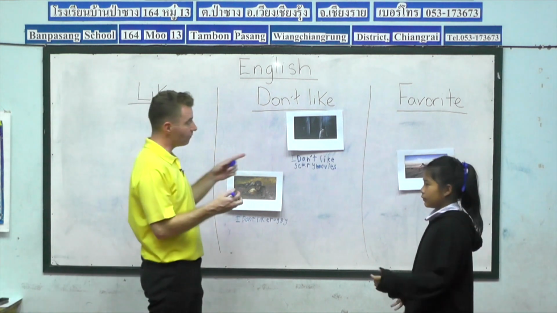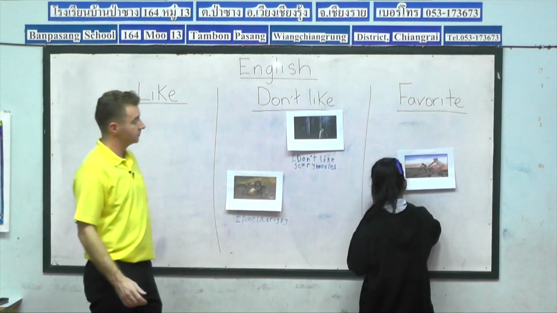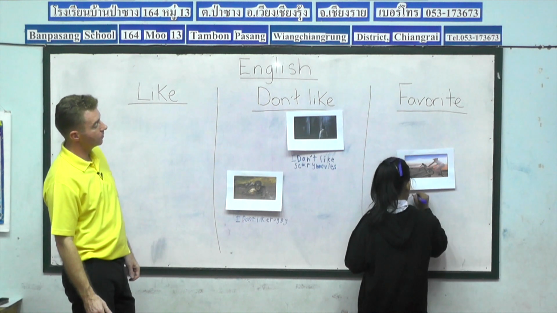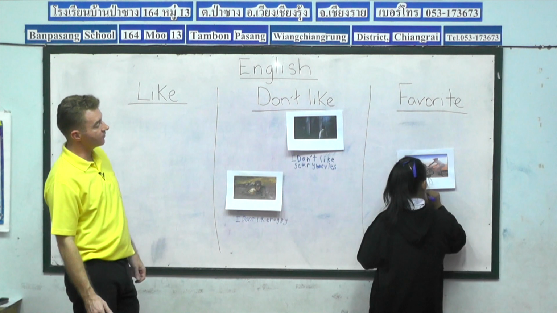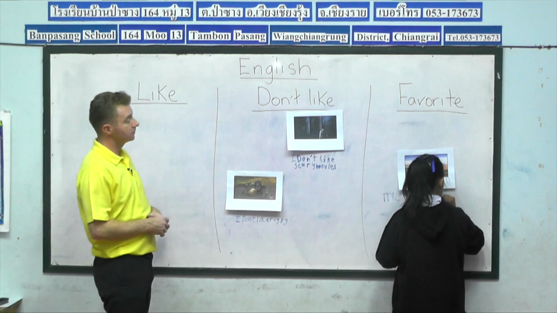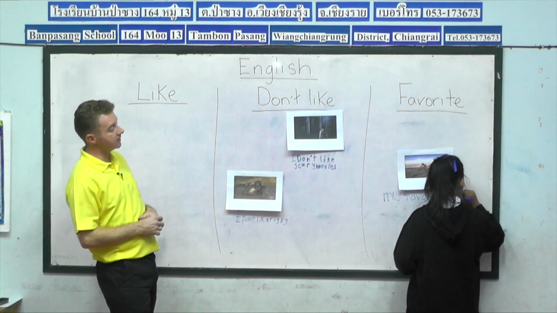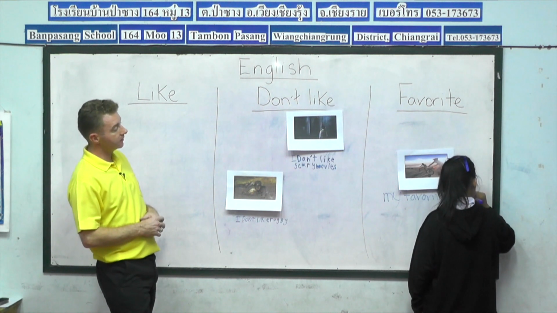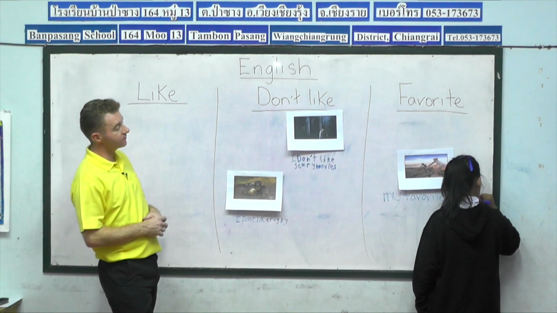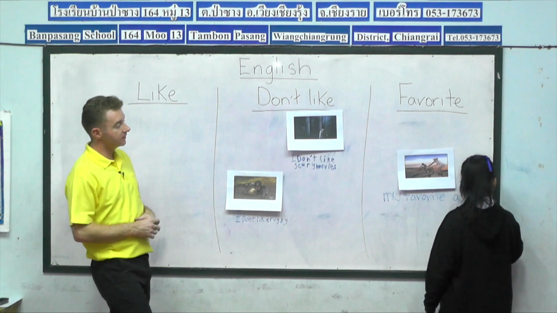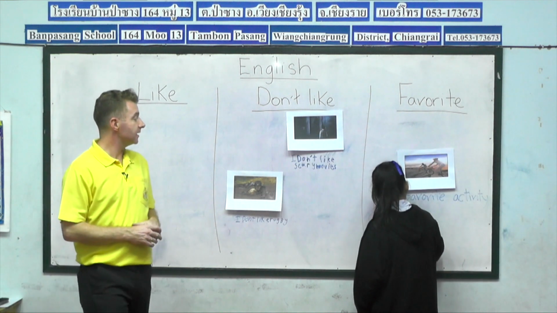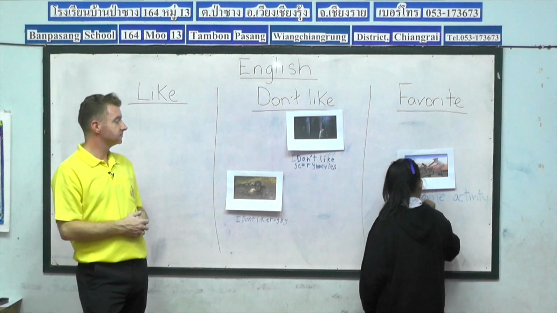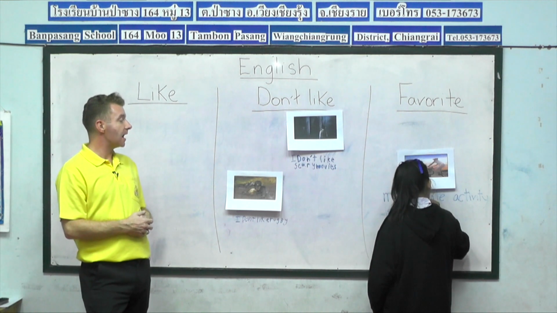Okay, so Lakgao, you can write the phrase, my favourite, M-Y, and then, excellent, favourite activity, A-C-T-I-V-I-T-Y is bike riding, B-I-K-E-R-I-D-I-N-G.